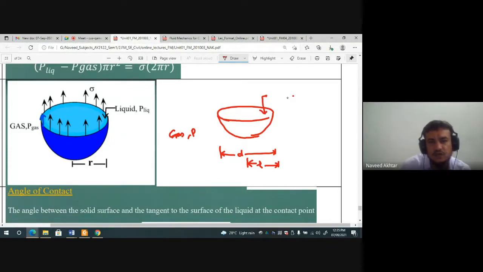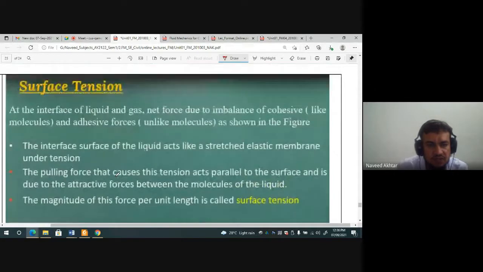There is a cohesive force between the particles of liquid, and around the surface there is the surface tension, the force due to which the tension is there. So what is here?